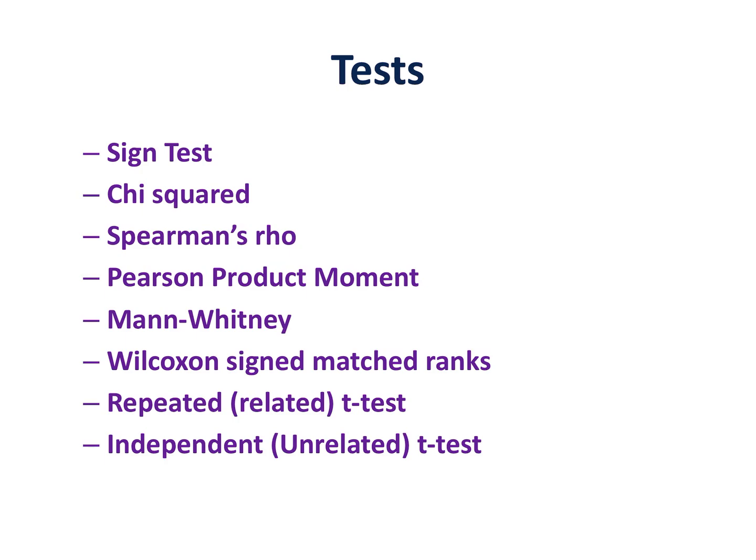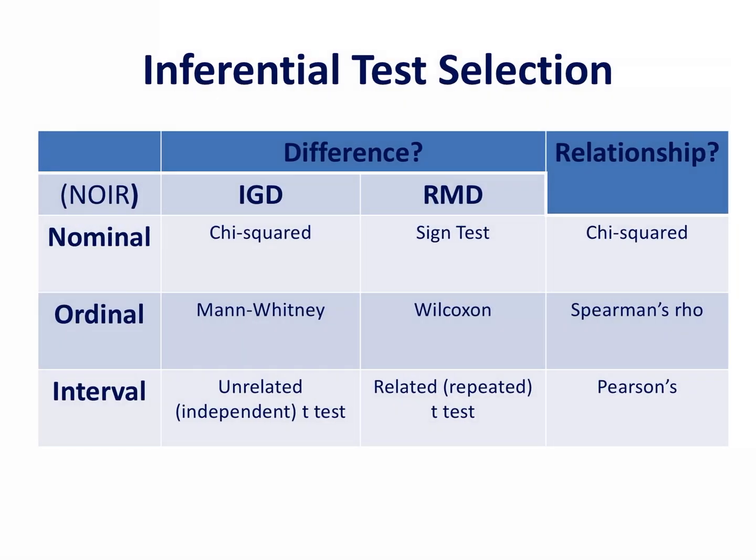Let me show you a table that you basically need to learn off by heart. And if you walk into the exam not knowing the structure of this table, things are going to be tricky for you. What this slide represents is how all of the information about difference, relationship, level of measurement and design all fit to link up with a specific test that you decide to run on your data.